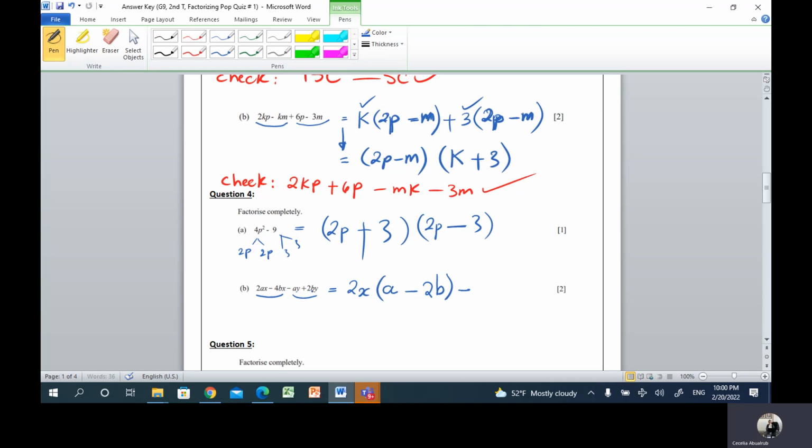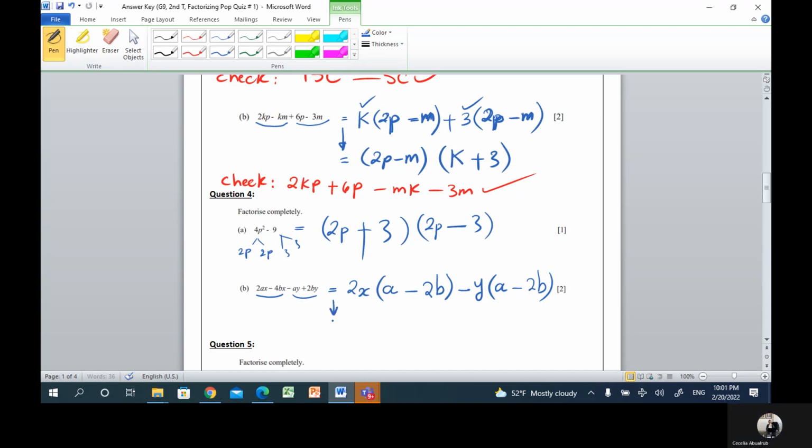Minus ay plus 2by. The y is going to come out, open a bracket, and here it will be a, because minus y times a will be minus ay, and here it will be minus 2b, because negative y times negative 2b will give us back plus 2by.